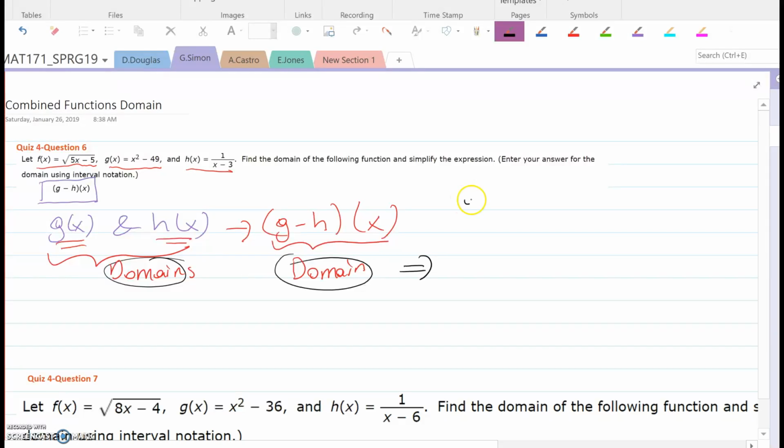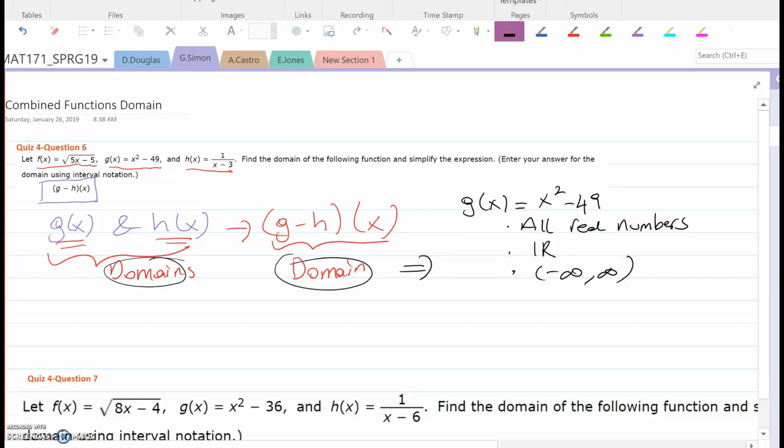So when you look at the domain of g of x, that is x squared minus 49, it is all real numbers. Don't need to capitalize everything. All real numbers. That's one way you can say it, or you can say it negative infinity to positive infinity because it's a polynomial, right?